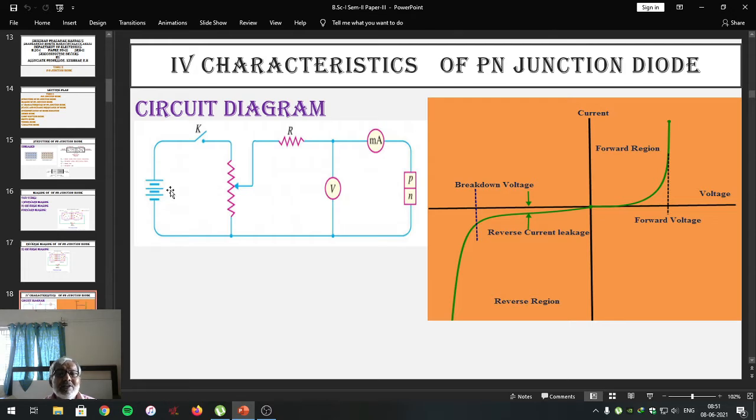It is used to connect the p-n junction diode in forward bias as well as in reverse bias, depending upon which graph we are plotting. This is the key to connect and disconnect the power supply as per requirement.